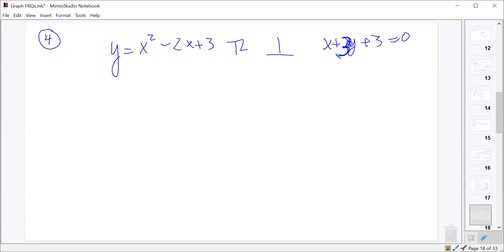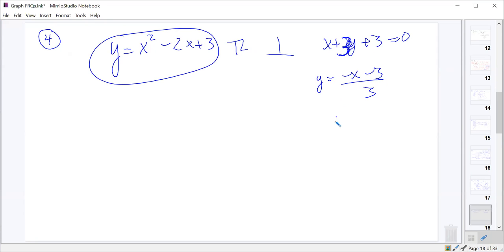So first we need to find this slope. So that's negative x minus 3 over 3. So the slope here is negative 1/3.